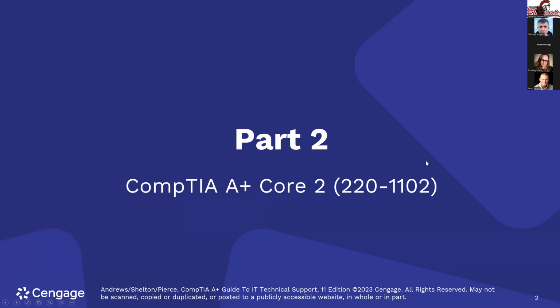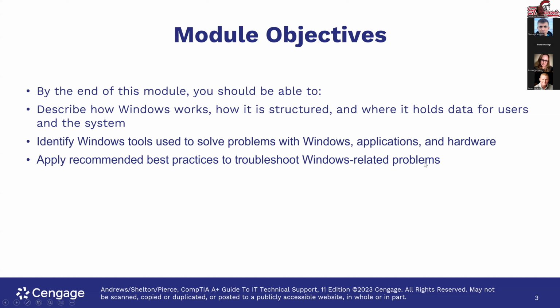All right. So I like how it says describe how Windows works. So we're actually looking at the registry, right? There's this registry that has this hierarchy. And when things are broken, that's where you really go to fix stuff.